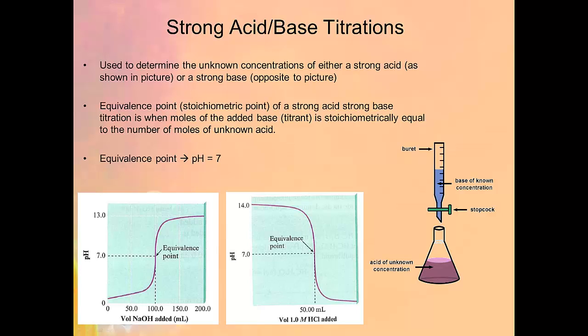Notice that we're starting with a very low pH, and then as we're adding a strong base, the pH is increasing. There'll be a point where the pH equals 7 and it's neutral. This is known as the equivalence point because we're going to have the same amount of moles of our strong acid as we do our strong base in solution, assuming that we've got a monoprotic acid, for example, and a base that produces one hydroxide ion.